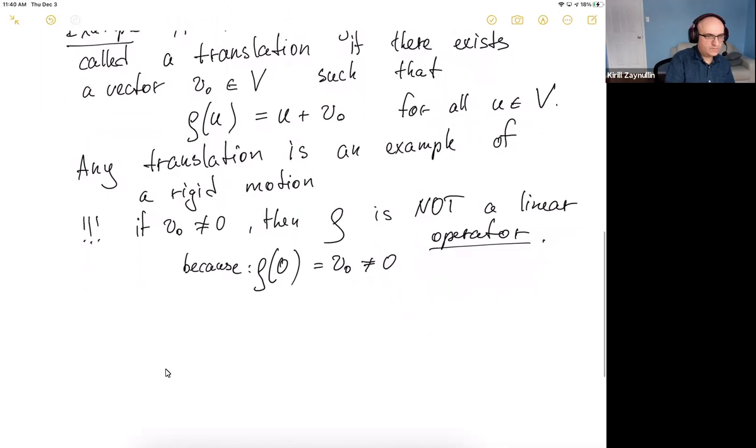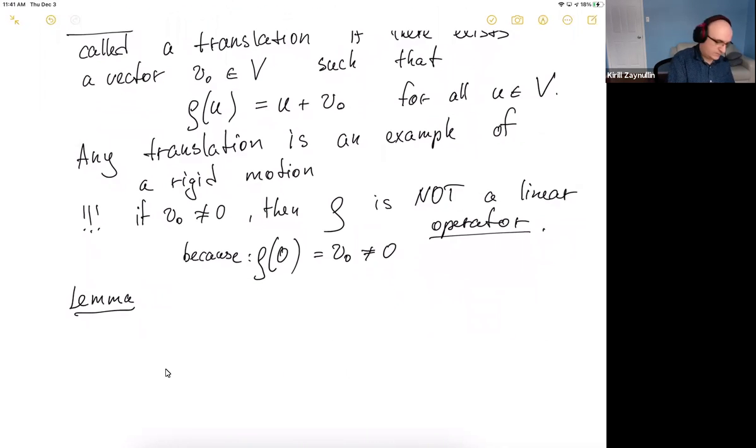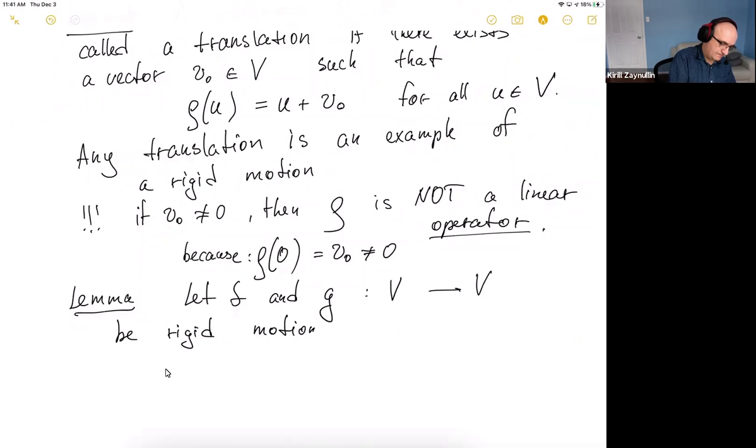So now let me state and prove the following fact, which is the following lemma. Let f and g be rigid motions. Again, one has to be careful here, because there are examples of rigid motions which are not linear operators, right? Like a translation. So we really have to deal with general functions, right?